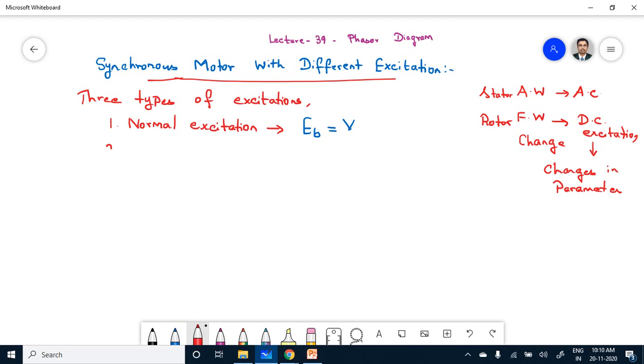The second one will be under excitation. In under excitation, the back EMF EB is lesser than the voltage.